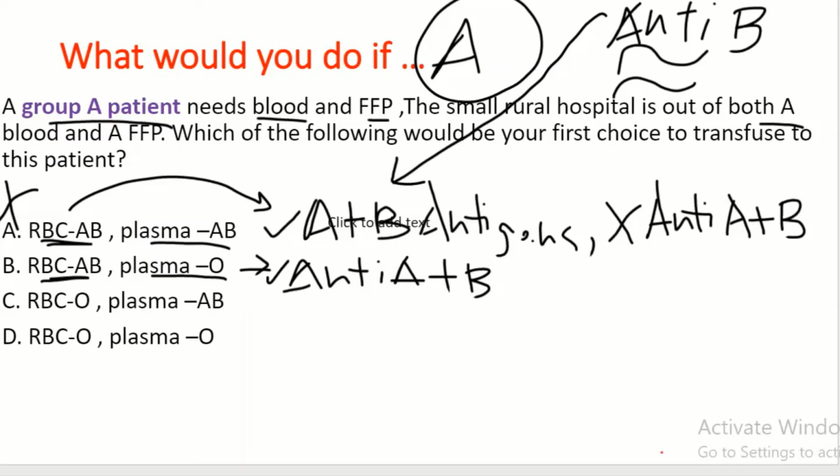So anti-A in the O plasma would react with the patient's RBC. So that's why this option is also incorrect.